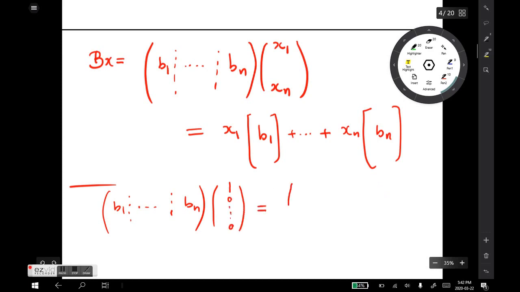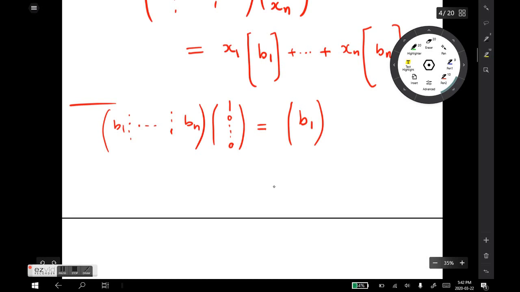We understand this because, for example, if you are happy, just do an example: the matrix with rows 1 2, 3 4, 5 6 times the vector 1, 0... gives me 1, 3, 5. So it gives me the first column.